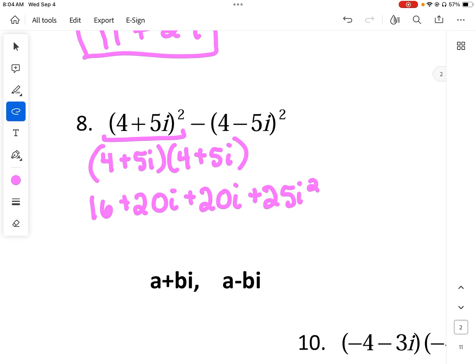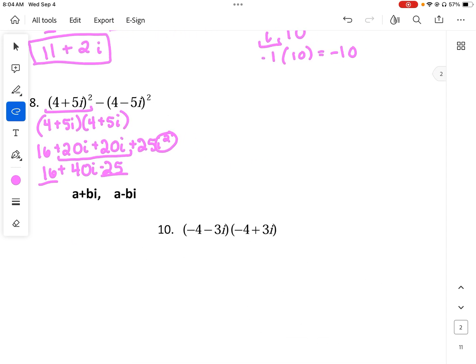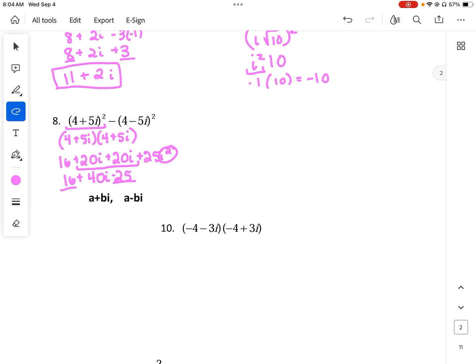Let's simplify this down. That'd be 16 plus 40i, and because of that, minus 25. So 16 minus 25, I'm going to bring it over here, would be negative 9 plus 40i.